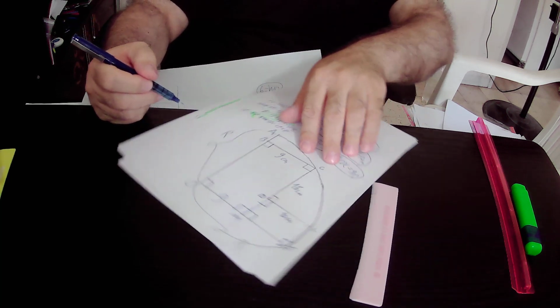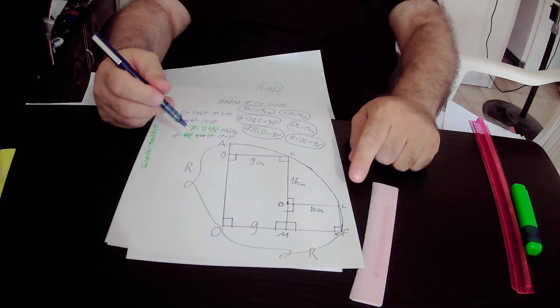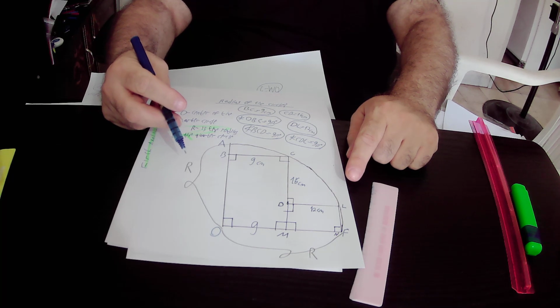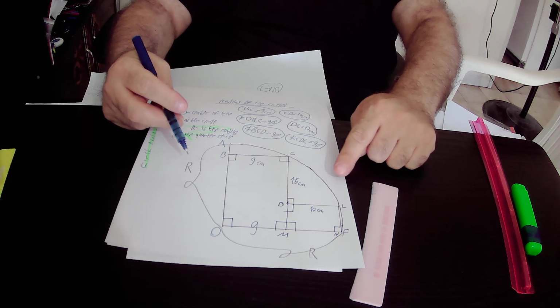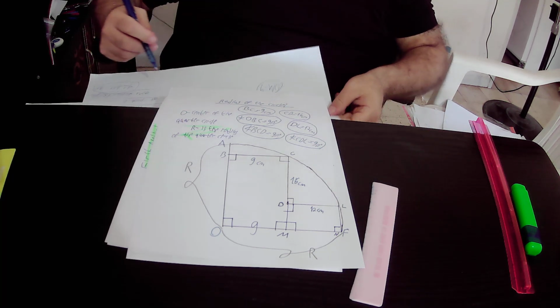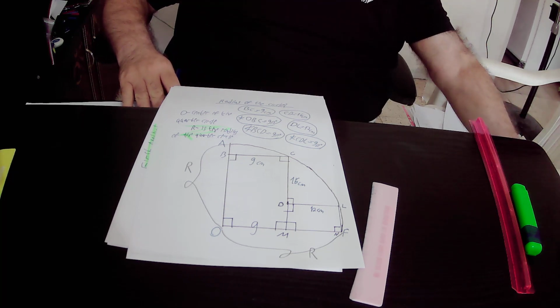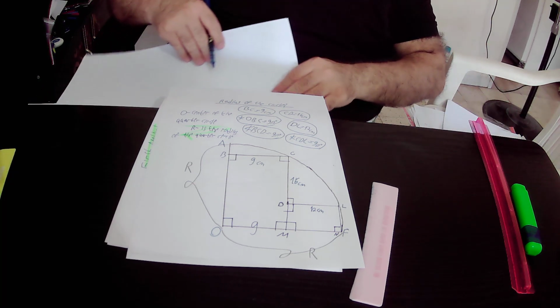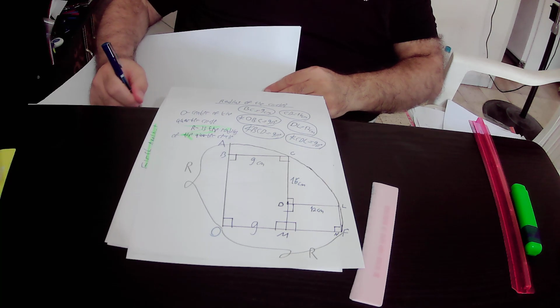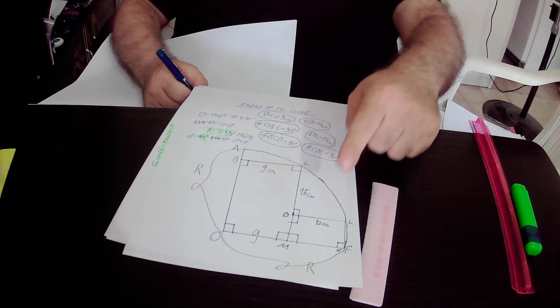Actually, by drawing this perpendicular on MF, we created here quadrilateral LDMN.